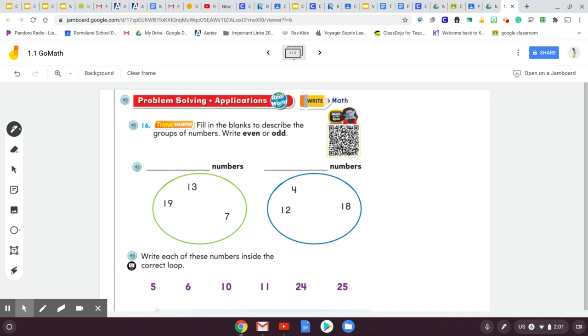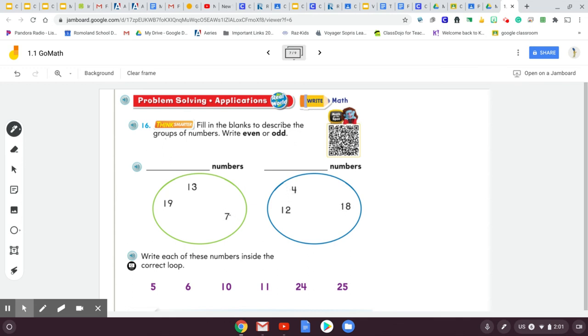Okay, so we're moving on to the top of page 16. Fill in the blanks to describe the groups of numbers. Write even or odd. So let's look at these two arrays. Here are my numbers, and I have 19, 13, and 7. I have 12, 4, and 18.